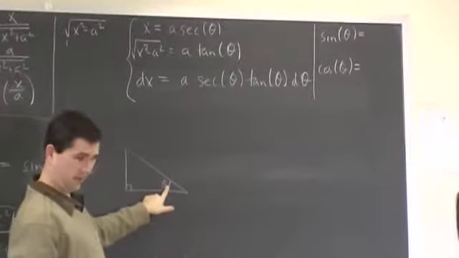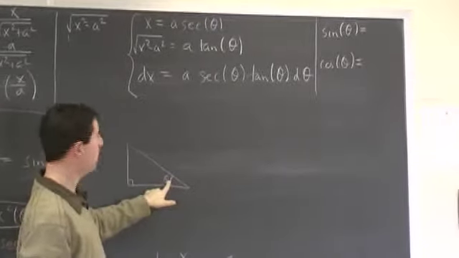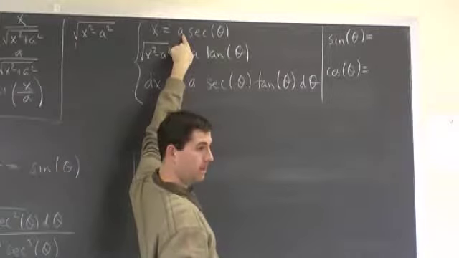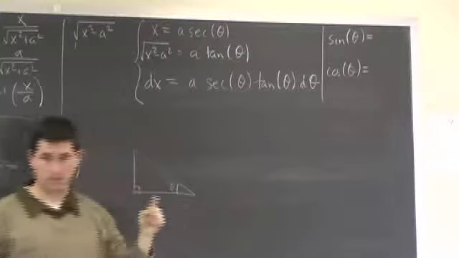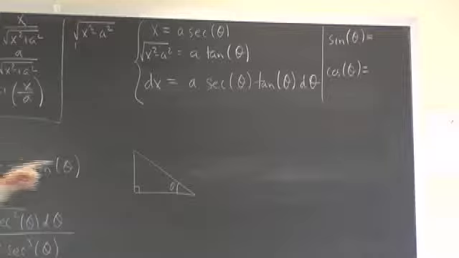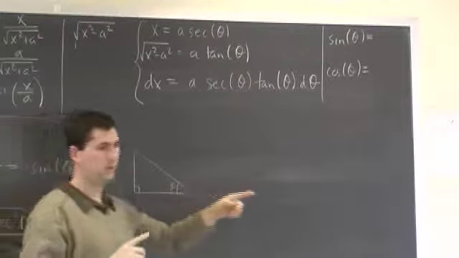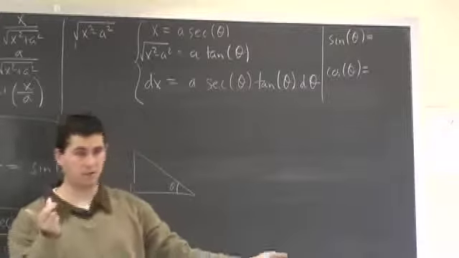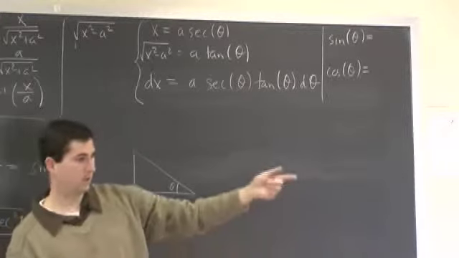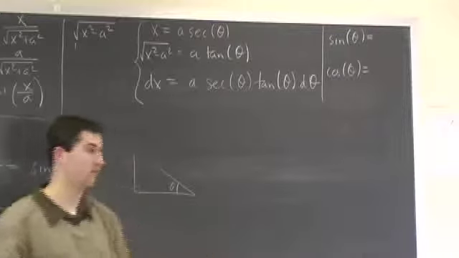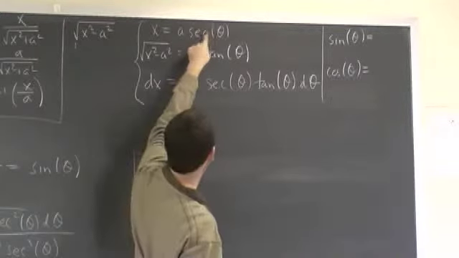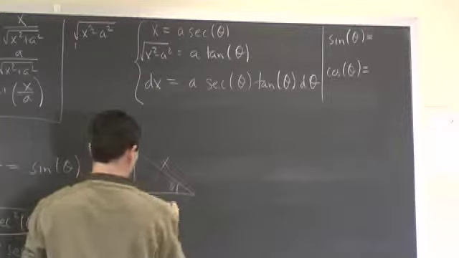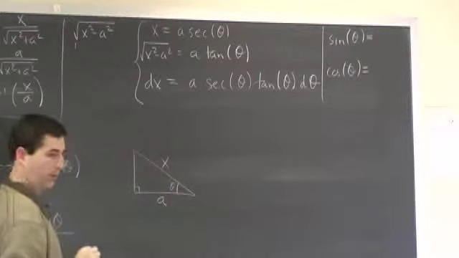We know that the secant of this angle, theta, is just x divided by a. Now the secant is what on the triangle? It's 1 over cosine. Now cosine was adjacent over hypotenuse, so 1 over cosine will be hypotenuse over adjacent. So the hypotenuse over the adjacent is x over a.